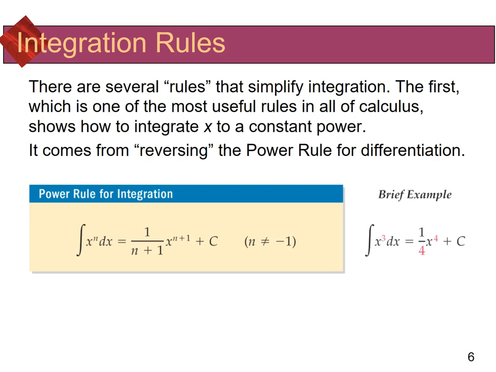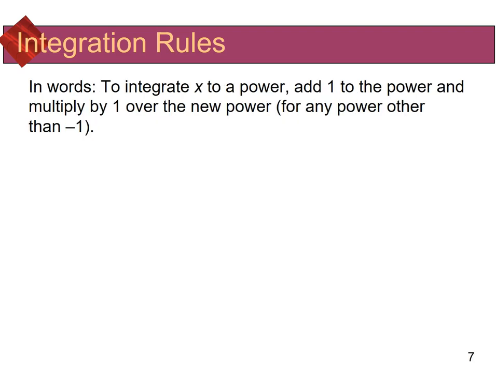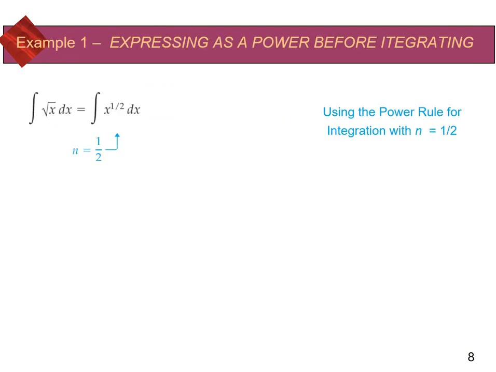Here we add 1 to the exponent and then divide by the new exponent. This will work for all circumstances except when n equals -1, and we'll talk about what happens when n equals -1 momentarily. This is just a wording of what that was.